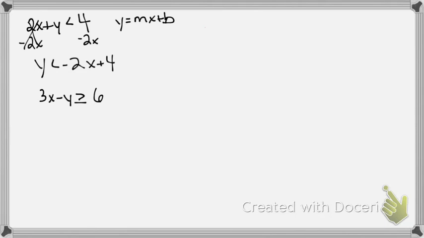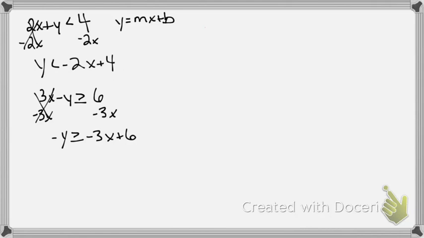Okay, if we had this inequality, and I am solving for y, I'm doing the same thing. I subtract 3x from both sides. You have to remember that whenever you divide or multiply by a negative number, you flip the sign.